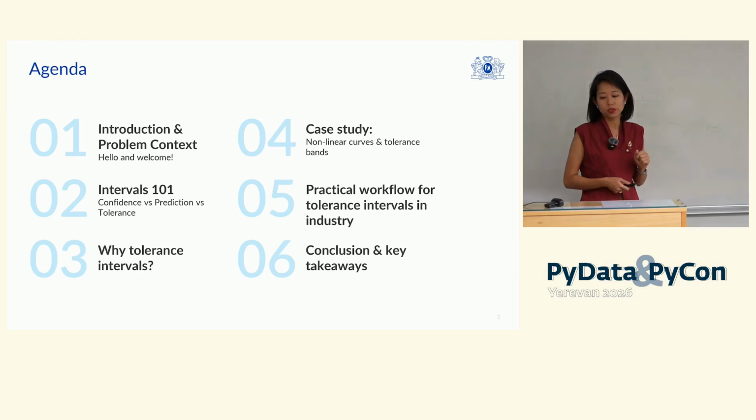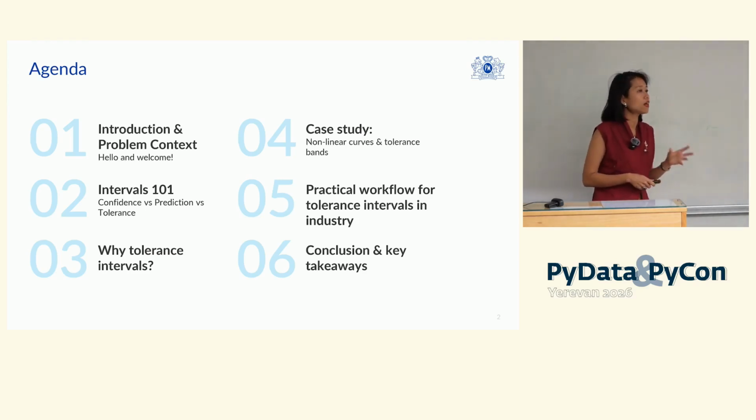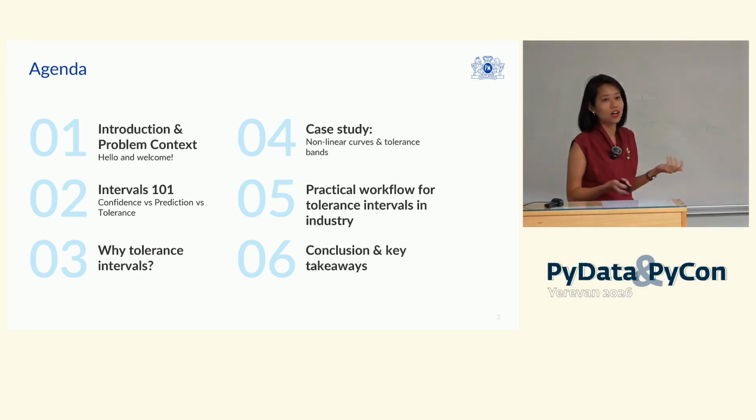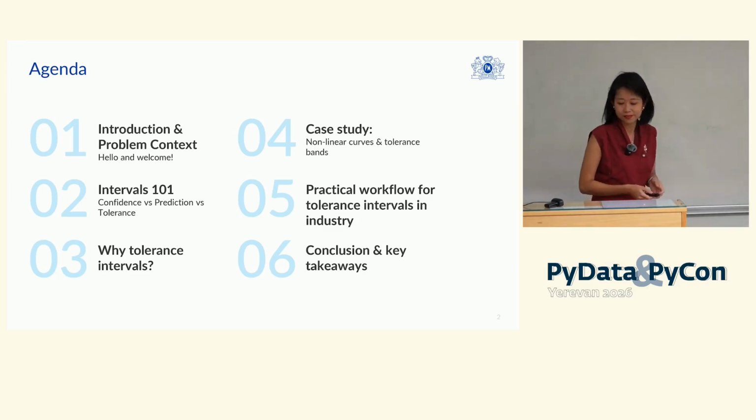I will also give you a bit on the case studies where we are specifically looking into nonlinear curves, and I will walk you through why this nonlinear topic is important for us. And then a bit of practical workflow for the tolerance interval usage in the industry, a bit of conclusion, key takeaways, and then I will let you ask your questions.